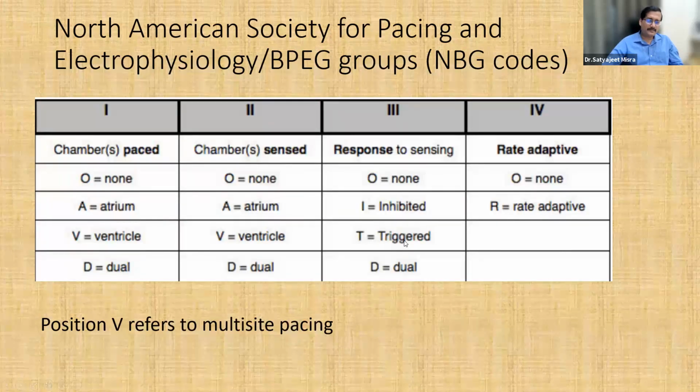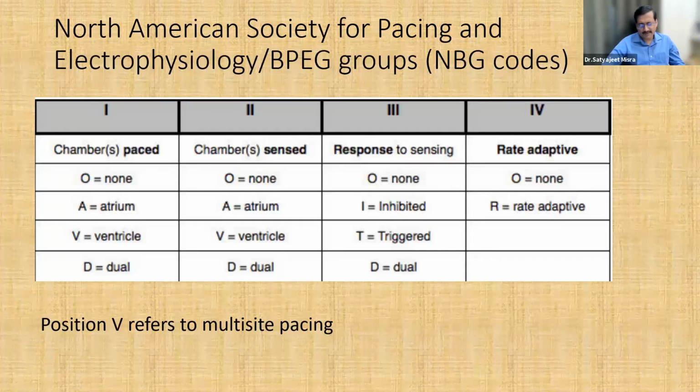Now, as applied to triggering, present-day triggering is mostly AV delays, in response to atrial sensing. As applied to older modes, it was sometimes used to check whether the pacer is able to detect, say, an atrial signal.